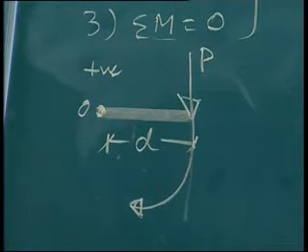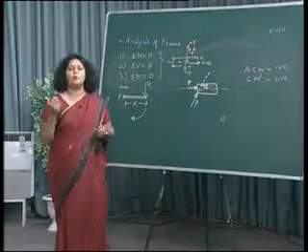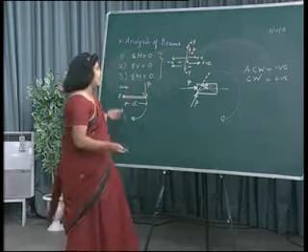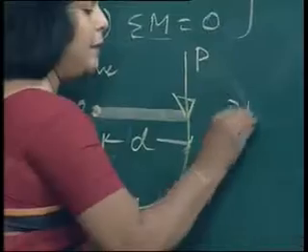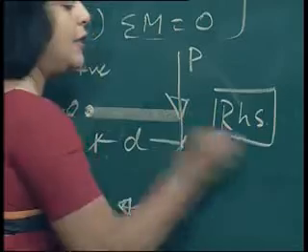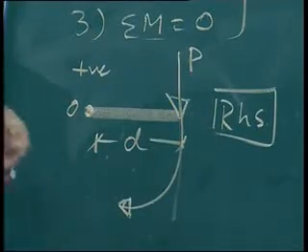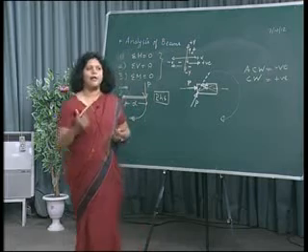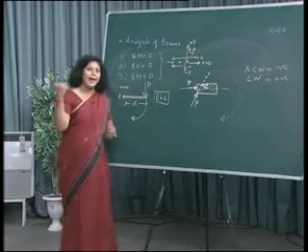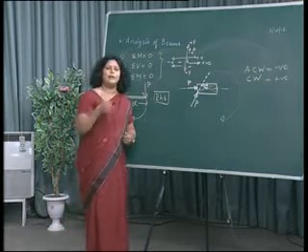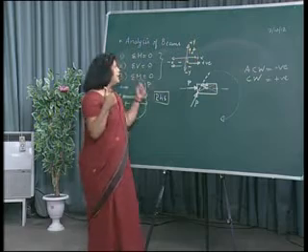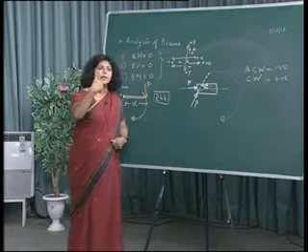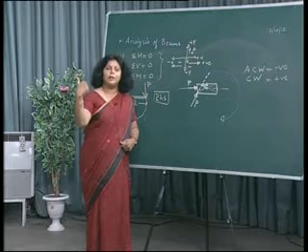Again, the direction of the moment is basically taken with the help of the right hand thumb rule. The right hand thumb rule is very important, which decides the moment of a force on a body. So, my right thumb only I have to take. If the thumb is in the upward direction, it denotes that the force is acting in the upward direction, and the fingers show the movement of the body.